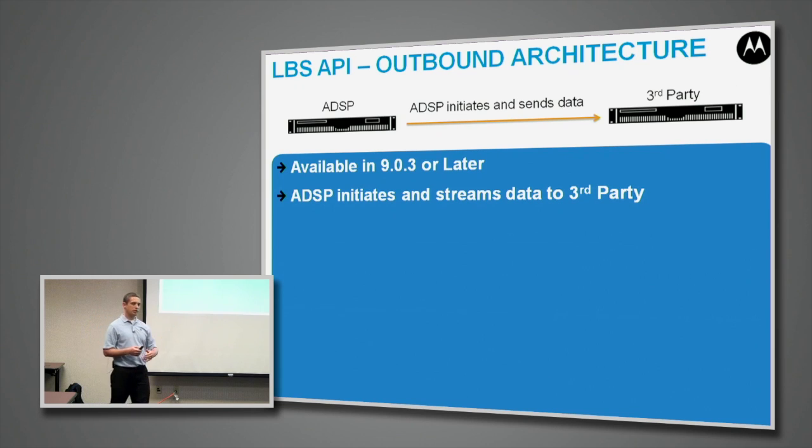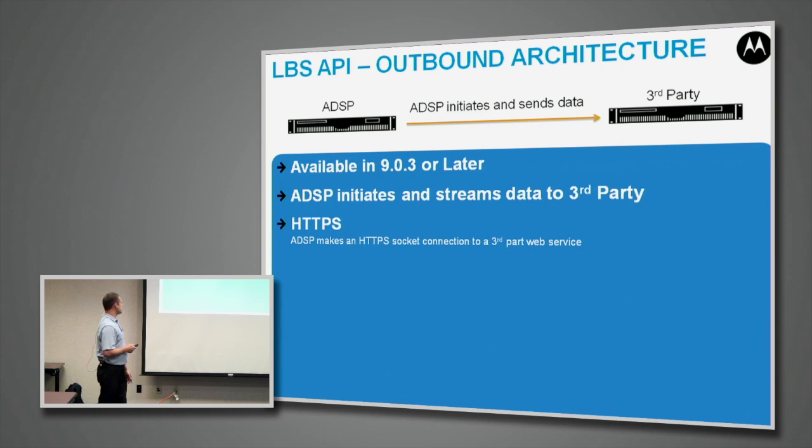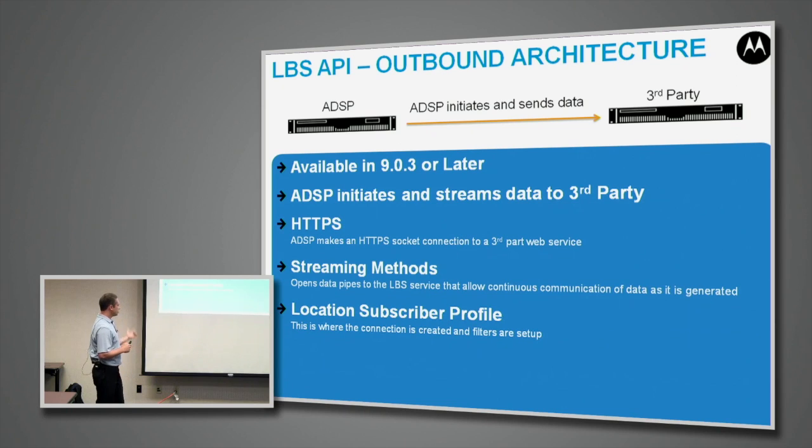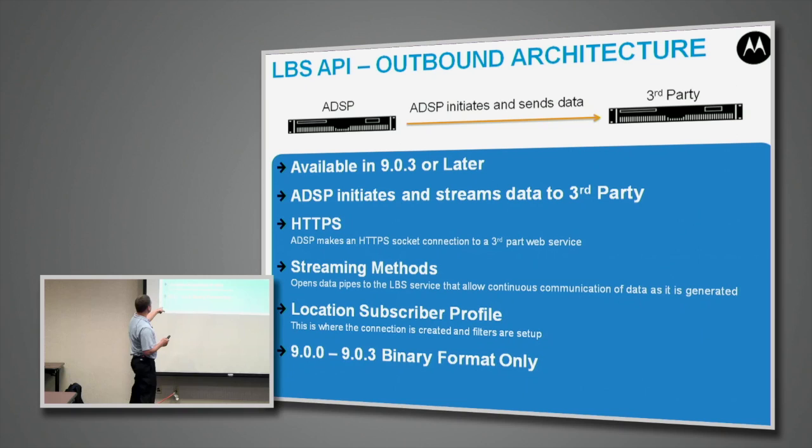This is where ADSP actually initiates a connection out and starts streaming location data. We call them subscribers. You define a subscriber in ADSP, and you tell it the URL, authentication information, and that type of thing. It connects out to a web service and starts sending data. It still uses an HTTPS socket connection, with streaming methods and the location subscriber profile. In 9.0 through 9.0.3, the format for both interfaces was binary, using protocol buffers.